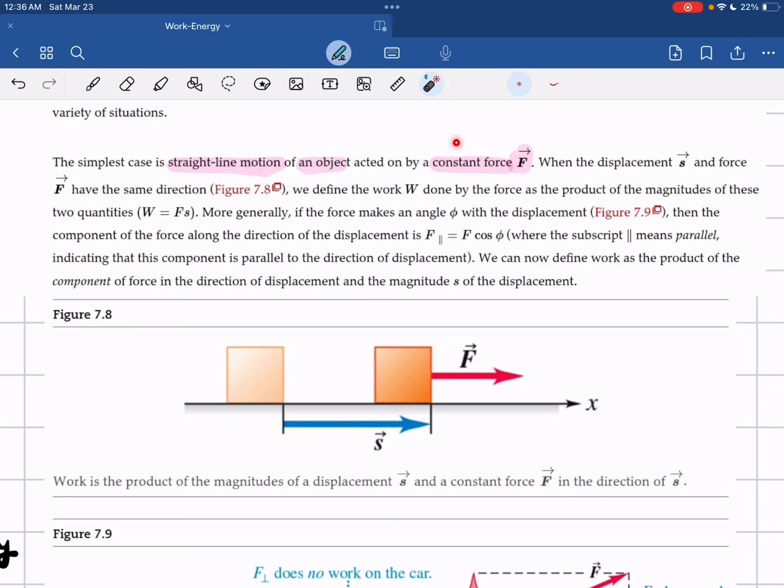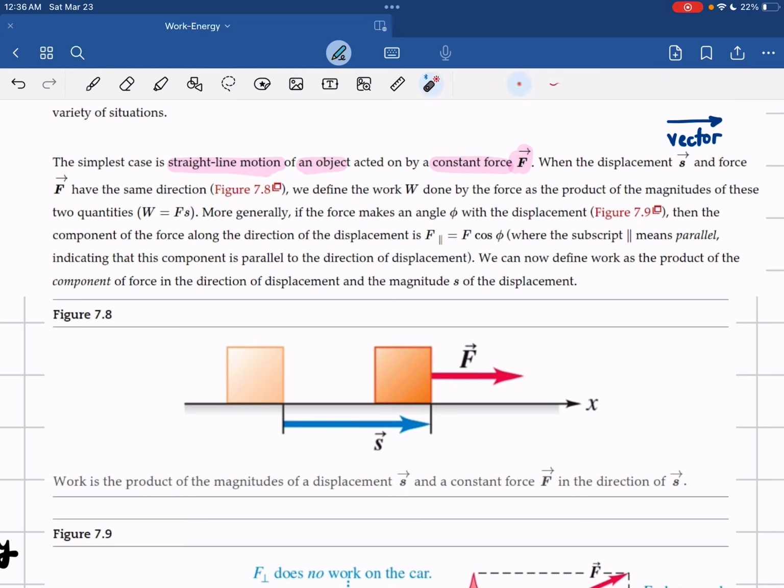When the displacement s vector, you see this is a vector, they have an arrow on top of it, so that's a vector quantity. Whenever you see a symbol with an arrow on it, that's a vector quantity.